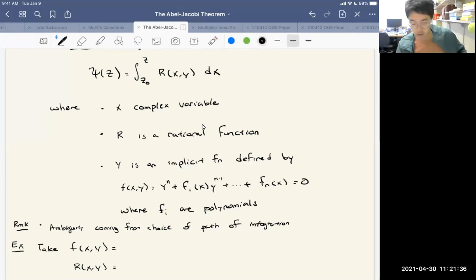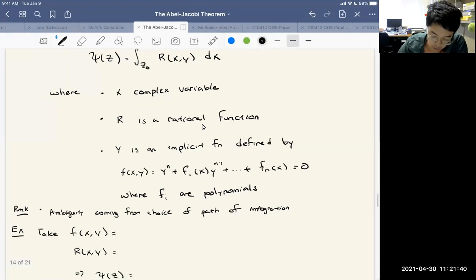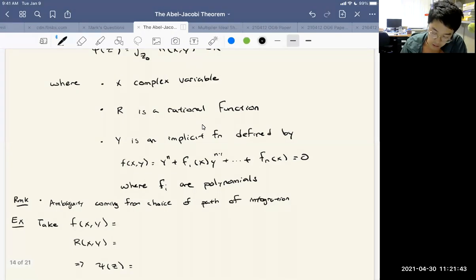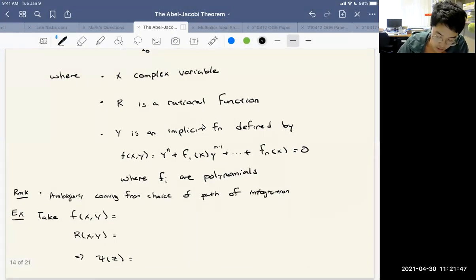So the definition maybe is kind of confusing, but let me just do a quick example of what an Abelian integral is. So for my function f, I take y squared plus x to the 4 minus 1. And therefore, if I'm looking at this 0 locus, one of the implicitly defined functions is y equals square root 1 minus x to the 4.